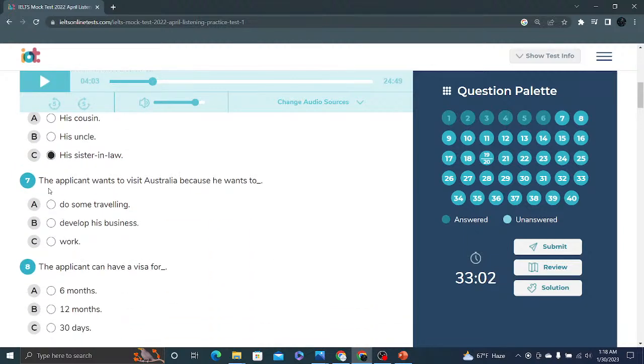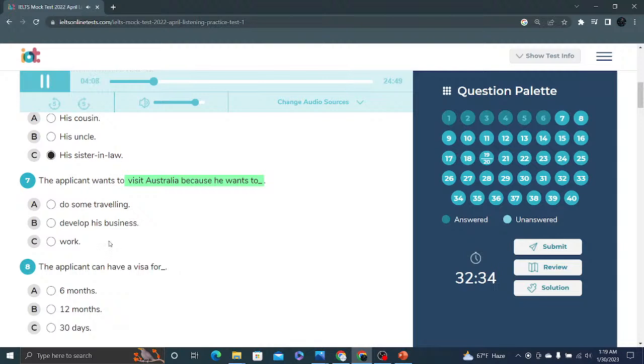Let's listen for question number 7. The applicant wants to visit Australia because he wants to do some traveling to develop his business or work. Let's listen to it. Your trip is to visit your wife's... My wife's cousin. So the purpose of your trip is to visit your wife's relatives. Am I correct?